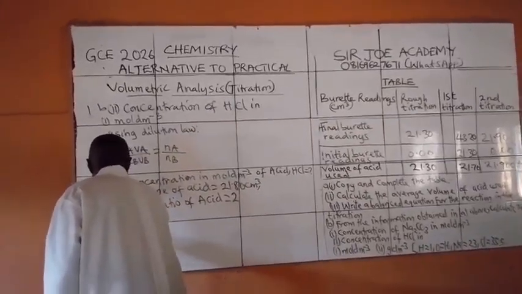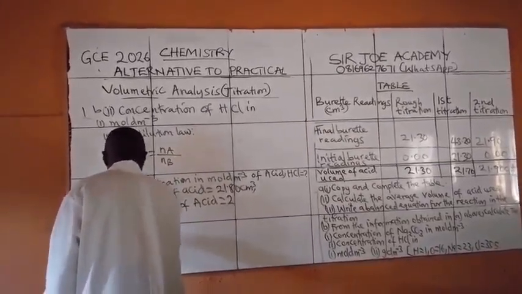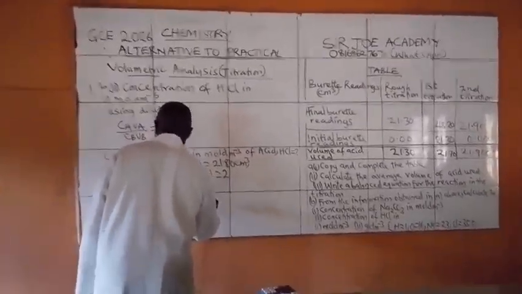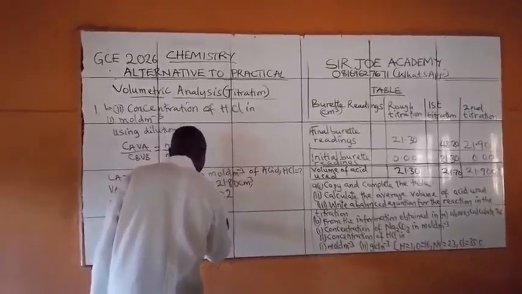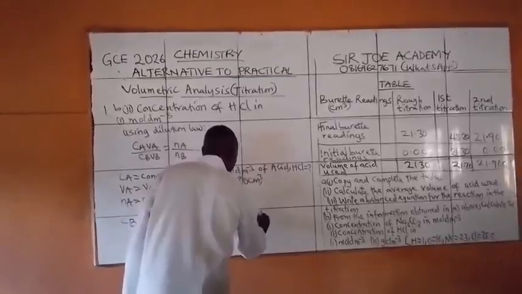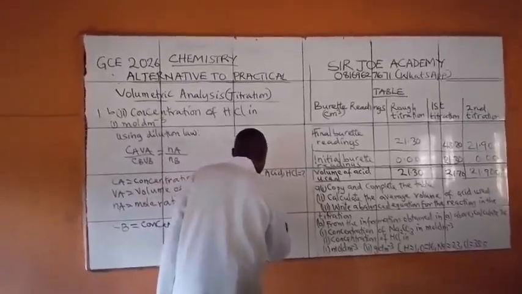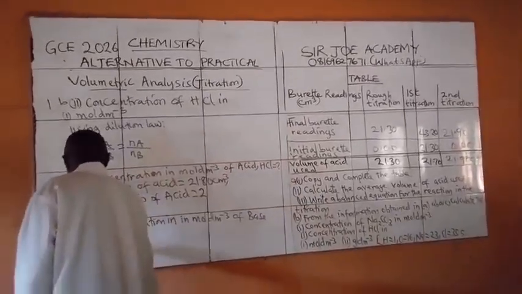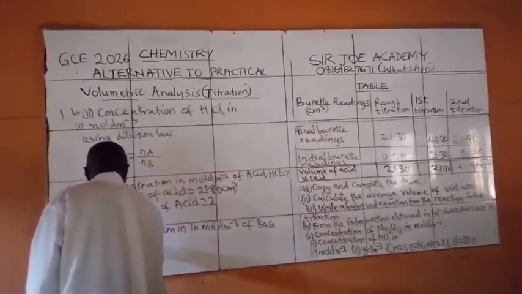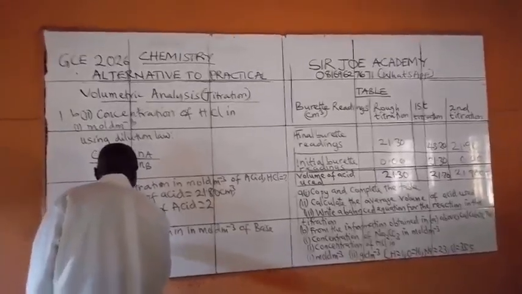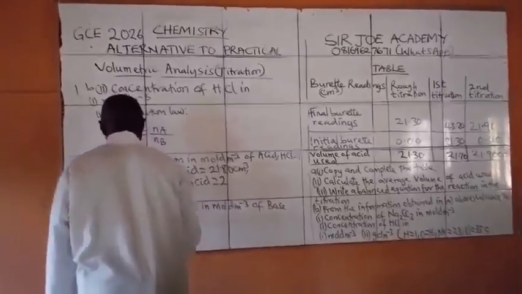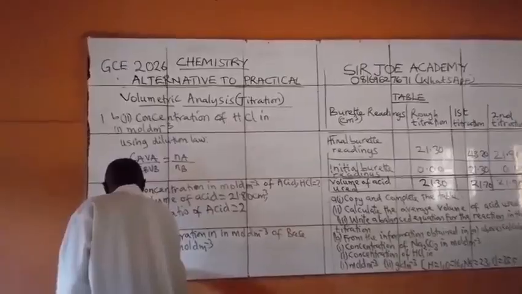Then CB is the concentration in mole per dm cube of base, and here our CB is 0.0491 mole per dm cube.